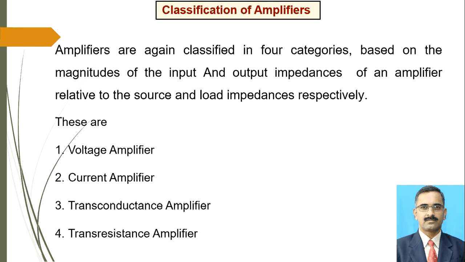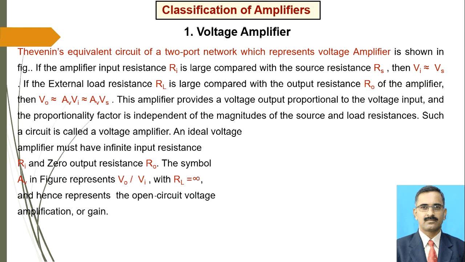These four classes of amplifier are based on the magnitude of the input as well as the output impedance of an amplifier, which is related to the source and the load impedance respectively. Now we will see one by one what these classifications of amplifiers are.